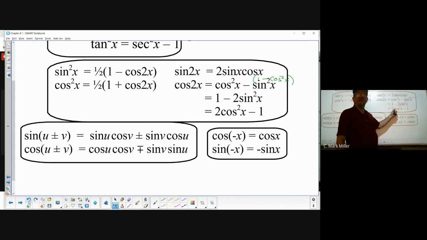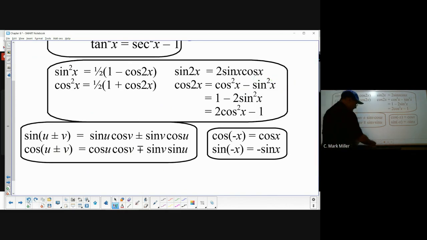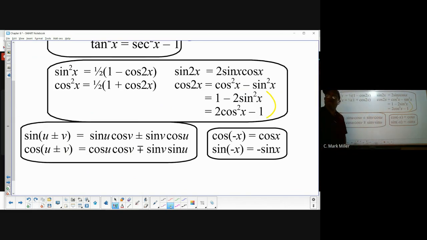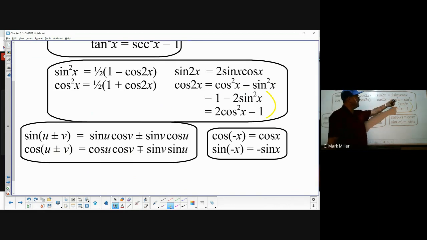That's 2 cosine squared. And then minus a 1 is minus 1. So these two bottom ones right here derive from plugging 1 minus sine squared or 1 minus cosine squared into this fundamental one here.